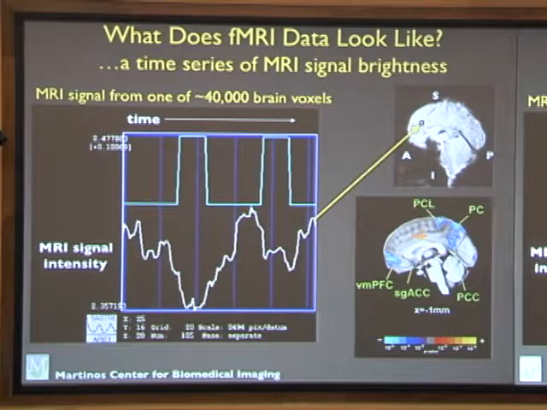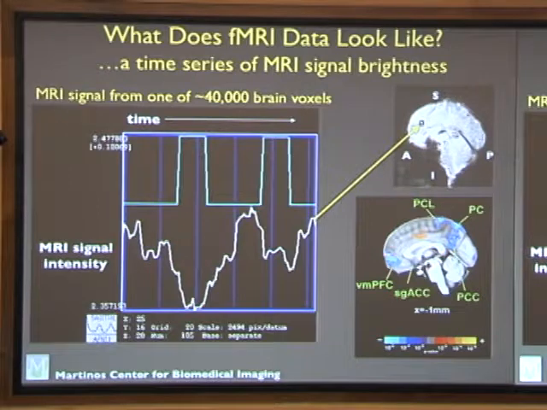That's when you see these beautiful pictures of brains with colors over top of them. All you're seeing is the results of a statistical test. These are locations where there was statistical significance for an MRI time course that matched the stimulation block design paradigm. You can have activations, where the MRI signal increases every time I'm doing something, and you can have deactivations, where the MRI signal decreases every time I'm doing something, meaning that the brain activity in this area is actually higher when the subject is resting than when they're doing some sort of task.